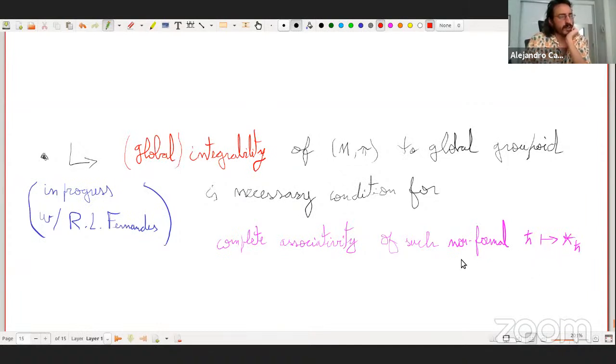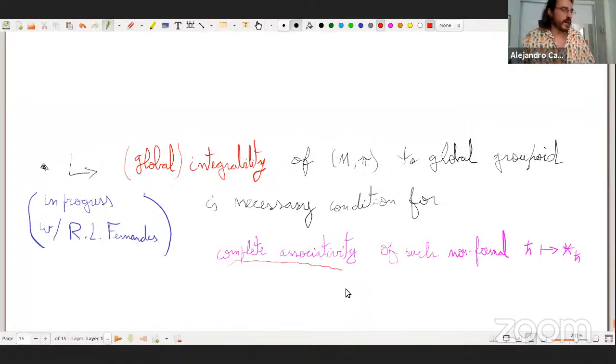For a very particular and flexible class of non-formal star products, we can link the integrability property of the underlying Poisson manifold to associativity. If someone asks further, I will give further detail. But so far, I leave you with this vague idea that integrability does enter, and apparently it enters for non-formal quantizations. Okay, so I think that's all.